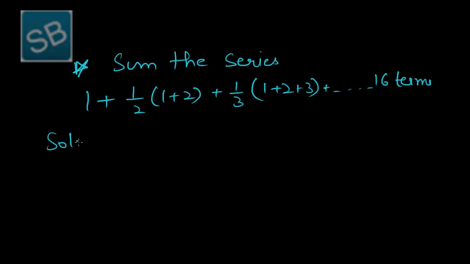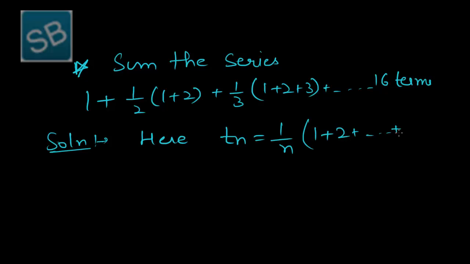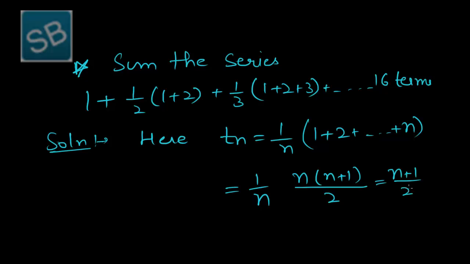Now the solution is, here the Tn term will be, if we see, second term 1 by 2 becomes 1 by n, and it is going on 1 plus 2, so the Tn term involves the sum of n terms, and the sum of n terms in an AP series is n into n plus 1 over 2. So Tn term becomes n plus 1 over 2 for this series.